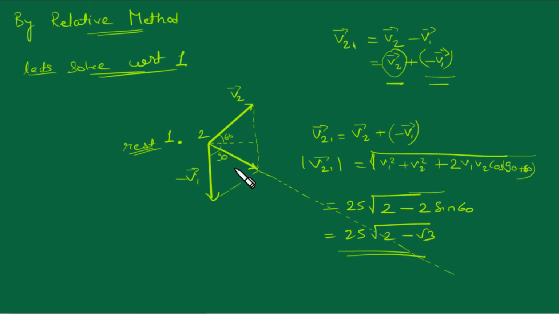This is the simplest possible situation that we can imagine. So in the frame of 1, the motion is really simple. Particle 2 is moving in a straight line with this velocity, and the distance after some time t will be velocity of 2 with respect to 1 into t.